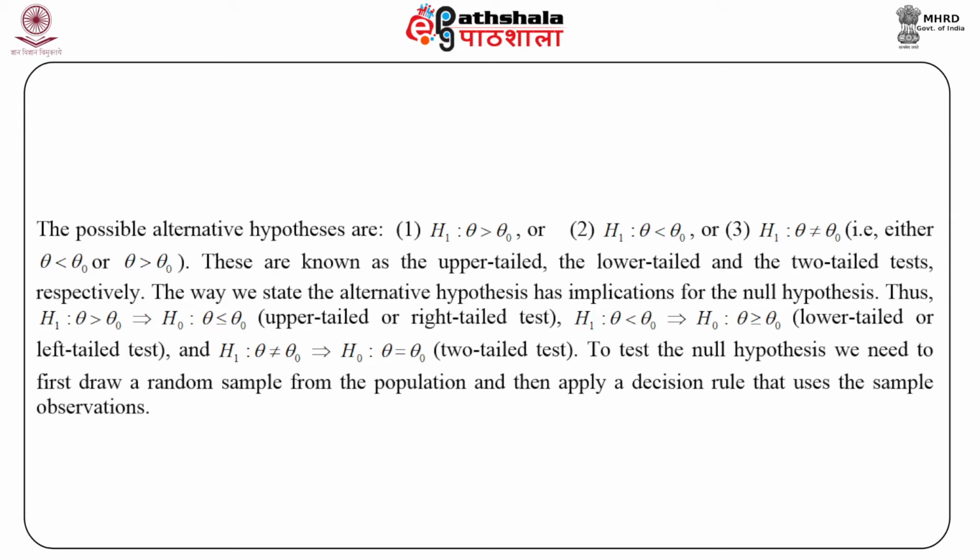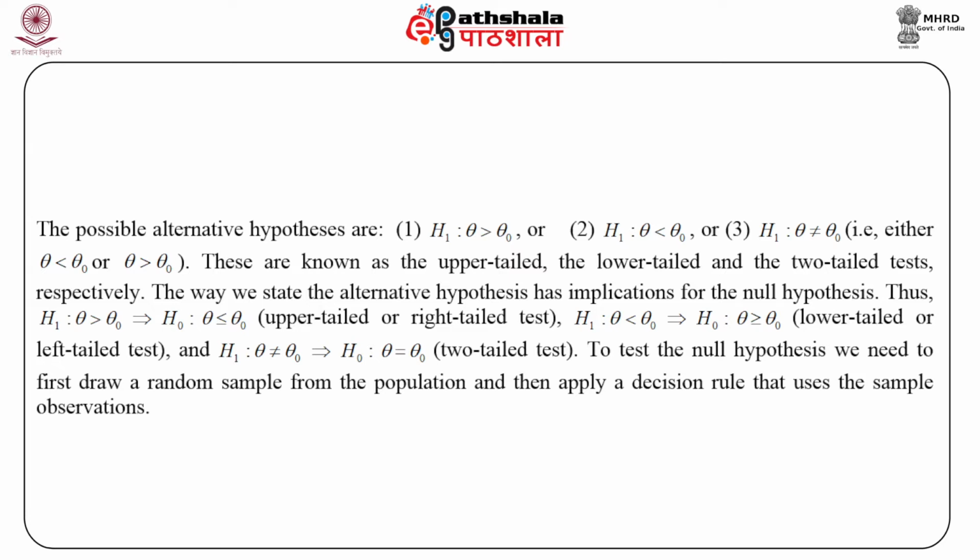The way we state the alternative hypothesis has implications for the null hypothesis. Thus, if our alternative hypothesis H1 is theta greater than theta 0, then our null hypothesis H0 means that theta is less than or equal to theta 0, which is an upper-tailed or right-tailed test.